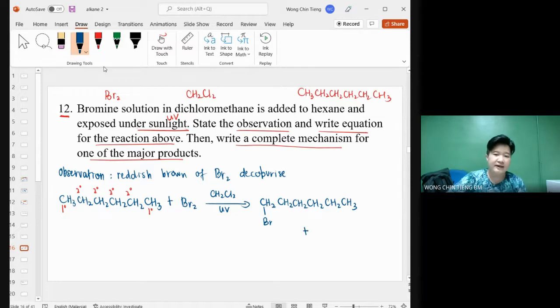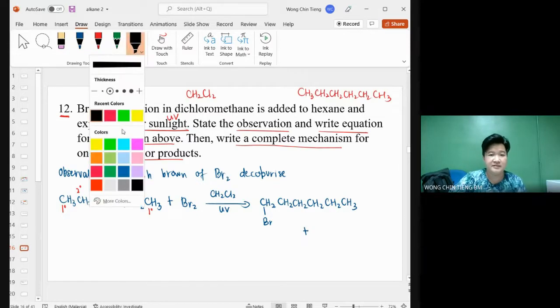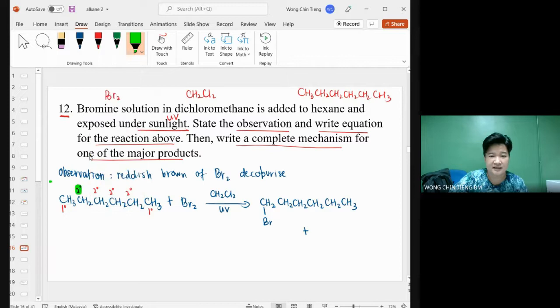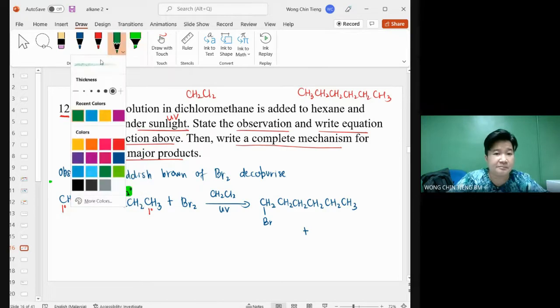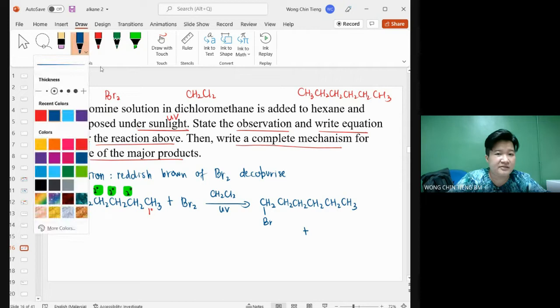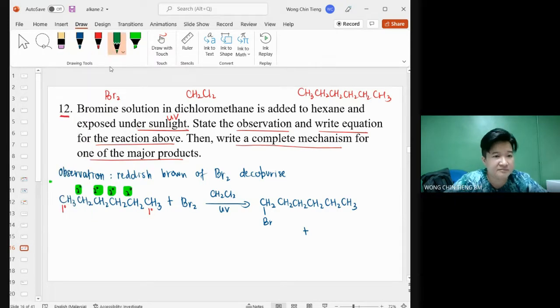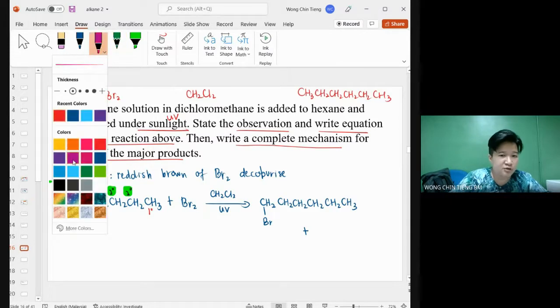Yang kedua, saya ada banyak gila secondary. Saya ada banyak secondary. Secondary. My question, is all this secondary the same? Is all this secondary the same? I don't know whether you realize or not, kalau teacher letak nombor of the position, mungkin kamu akan nampak sikit.